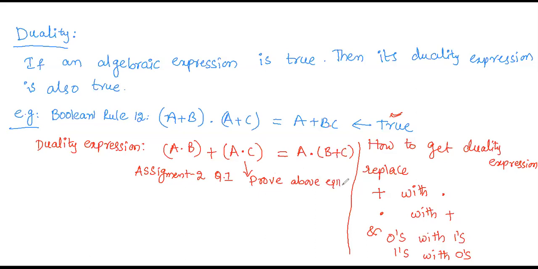A dot B plus A dot C equal to A dot (B plus C). Okay. Due to the duality property, this equation should also be true. So I am asking you to prove this one. Okay. Next example.